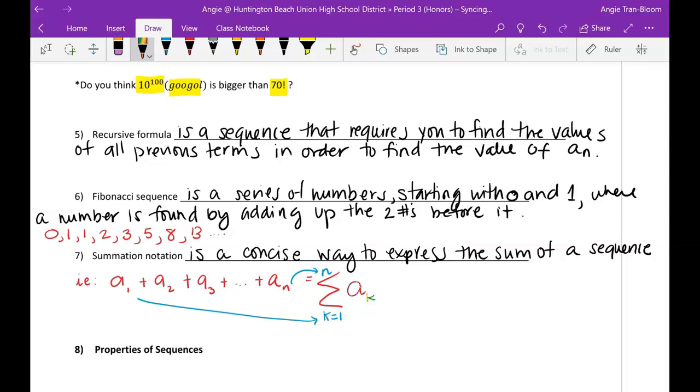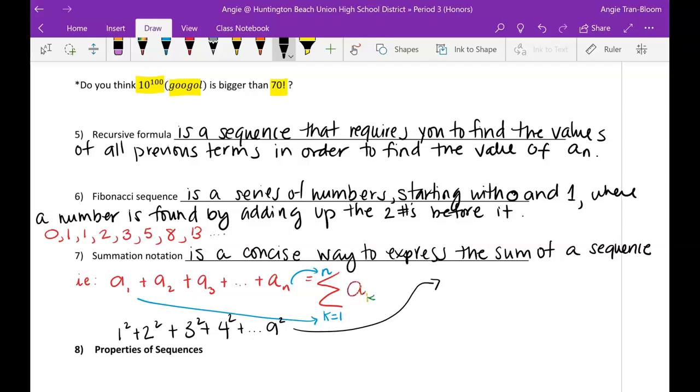Okay, let me give you another example. Let's do 1 squared plus 2 squared plus 3 squared plus 4 squared plus, skip a few, 9 squared. This one, we know where it ends. I'm out of space there, so I'm going to go over here. How do I write the summation of this sequence? We write the big capital E looking symbol.